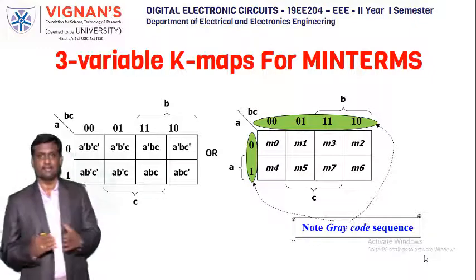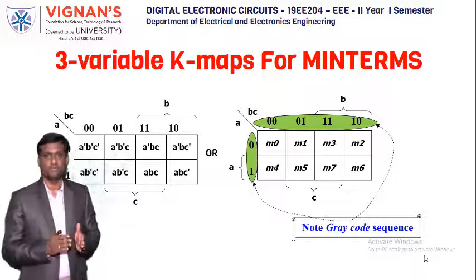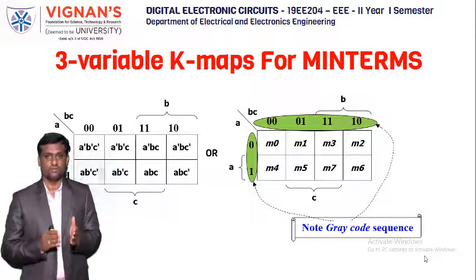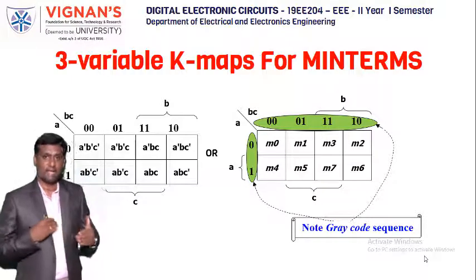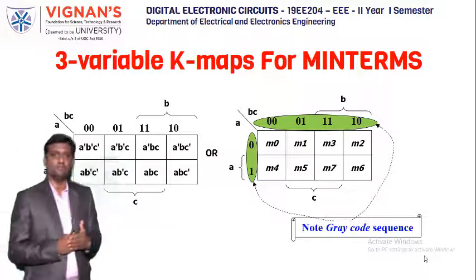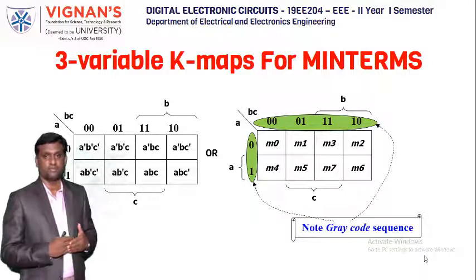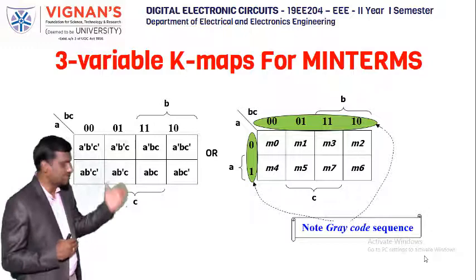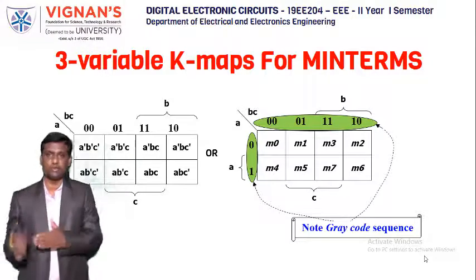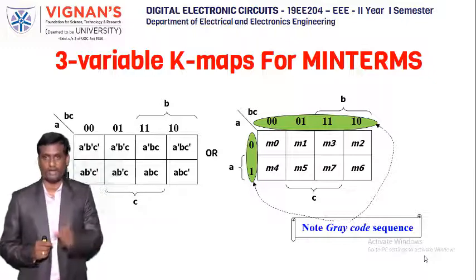So the next cell in the first column, second row, has decimal value 1. That is obtained by merging the binary values assigned for the considered variables. For that cell, A is 0 and BC are 0 1. That's why the respective cell value is M1, or decimal 1.